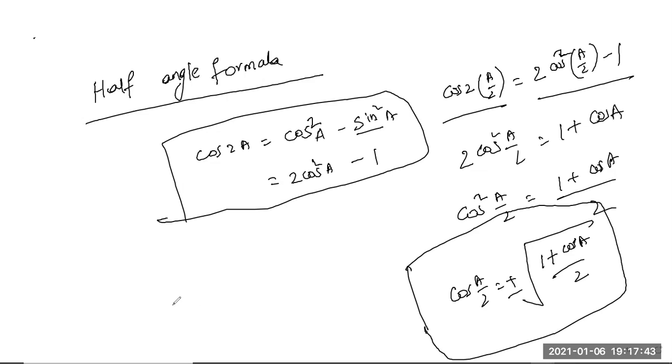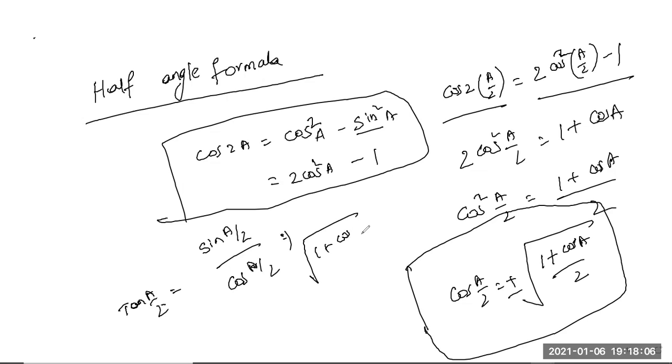Similarly, if I ask you what is tan a by 2, tan a by 2 is simply sin a by 2 by cos a by 2. You already know that cos a by 2 is root of 1 plus cos a by 2. So you need to find sin a by 2 in terms of this. So I will find it.